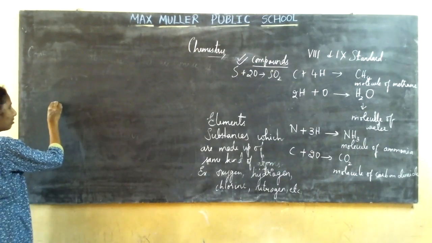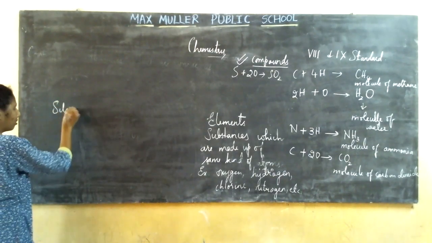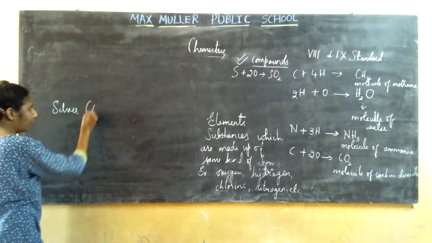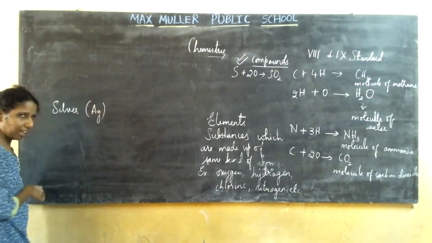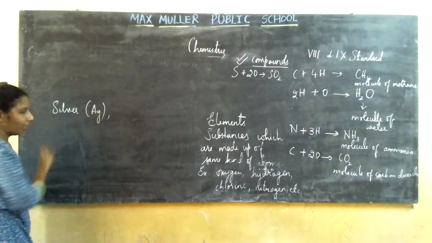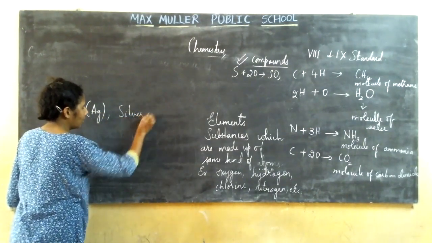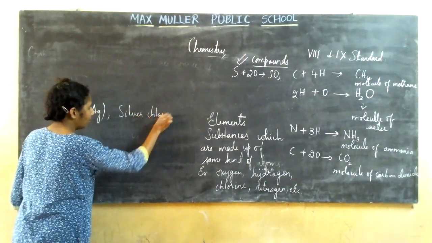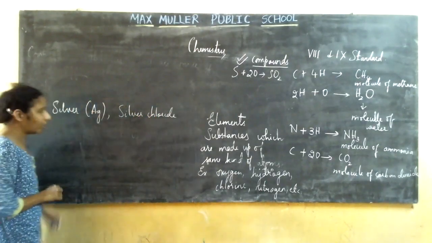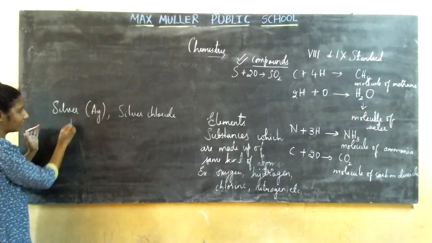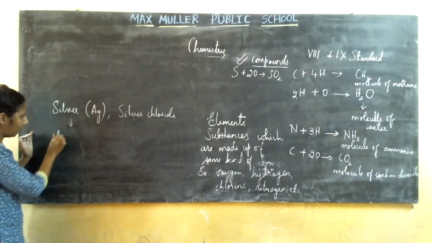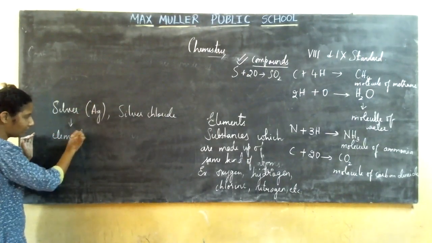Okay, and I write silver. How do you write silver? Symbol of silver is Ag. Okay, silver chloride. Silver is an example of element. It's a metal, isn't it?